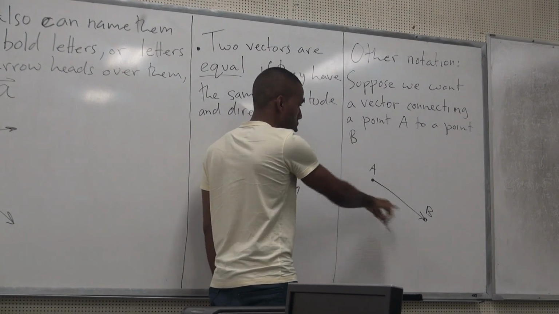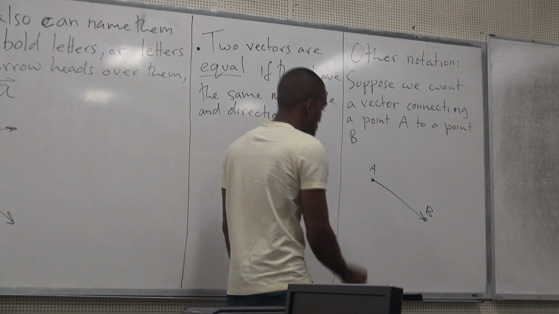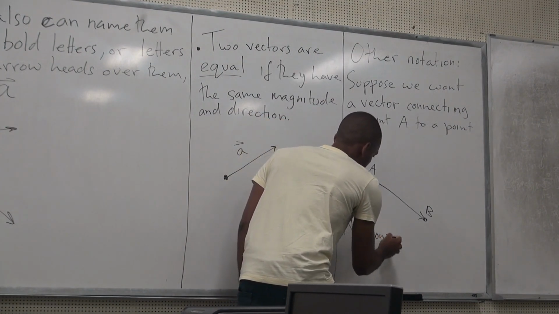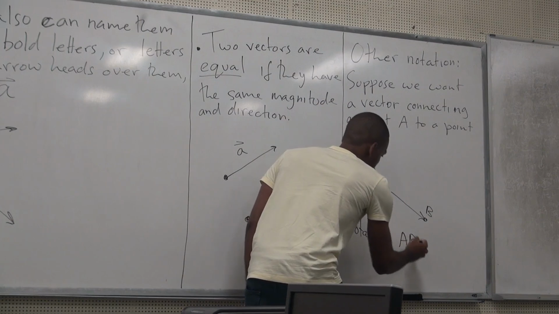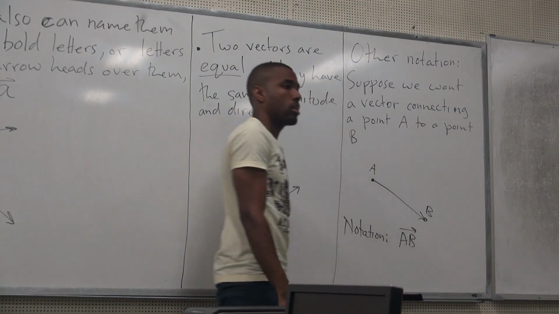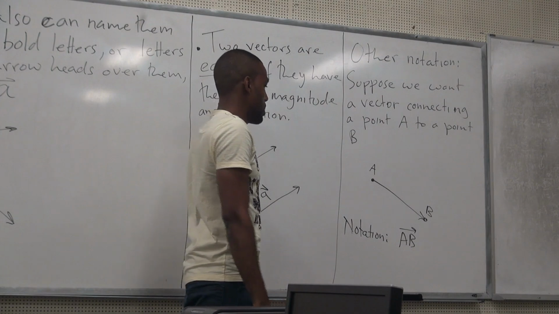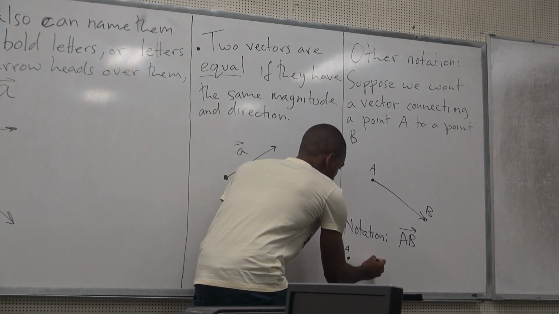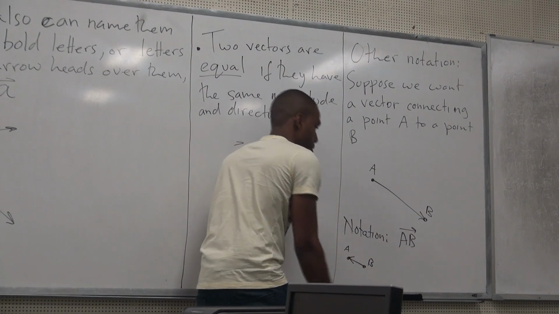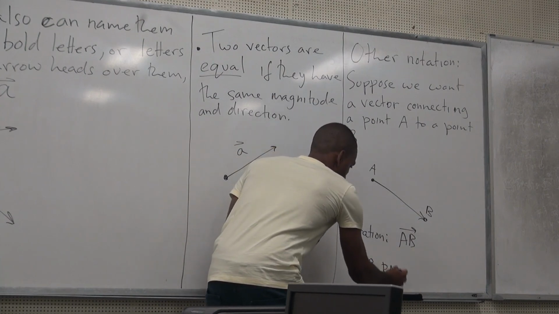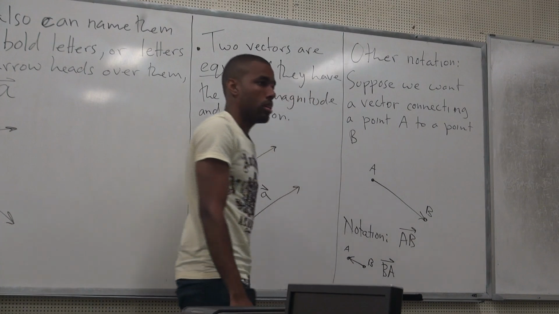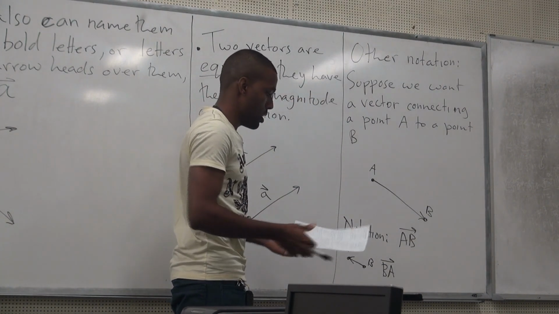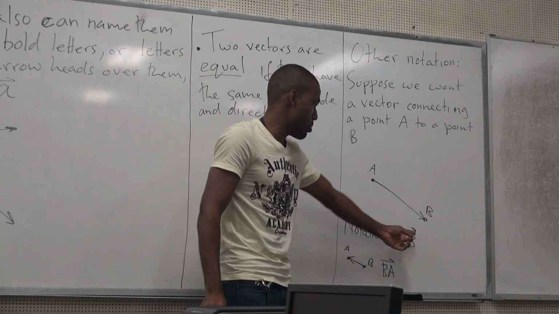So A is the initial point, B is the terminal point. The notation I can write for that would be A, B, and I put the arrow like that. Right? If this is A and that's B, and I'm going in this direction, I would notate that as AB with the arrow. So you point the arrow telling you where you're starting and where you're ending.